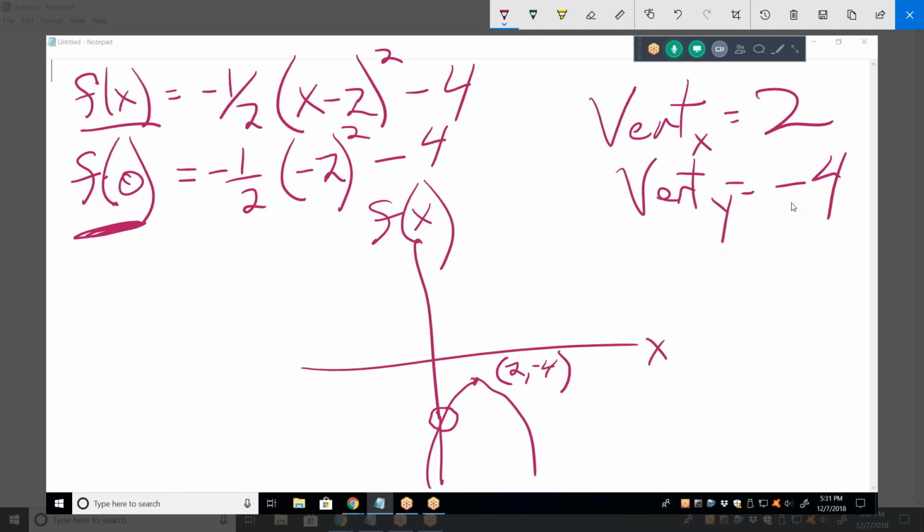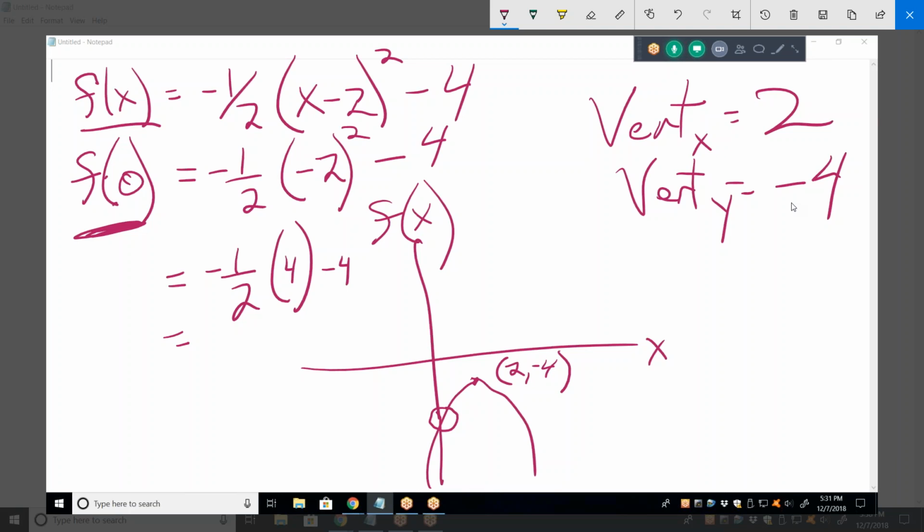What's that come to? No. What's -2 squared? 4. So it's -1/2 times 4 minus 4. What's -1/2 times 4? It's -2. You see why?